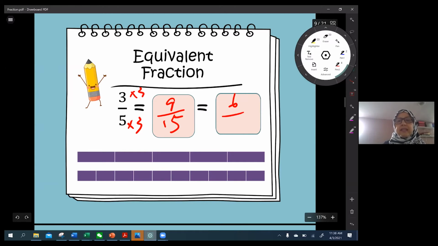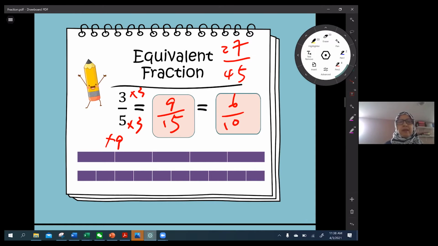I heard 45. Yeah, 45. 12/20. Not 20. 27 out of 45, because you multiply this with 9. 9 times 5 is 45. 9 times 3 would be 27. Fantastic.